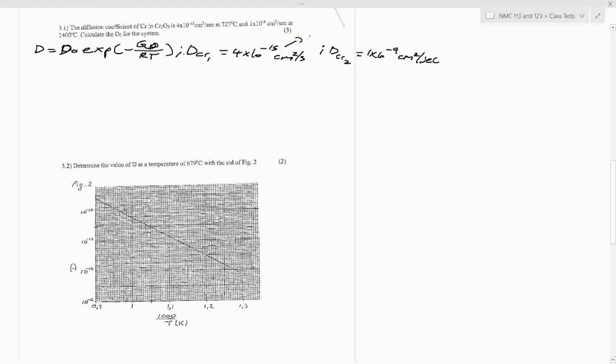This one is at 727 degrees Celsius, which in kelvins is 727 plus 273, that's 1,000 kelvins.